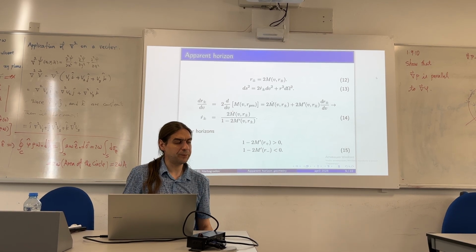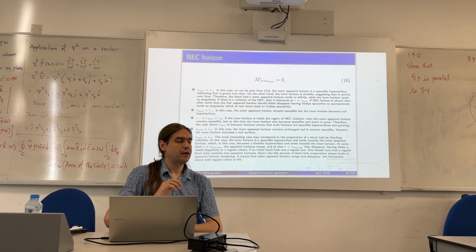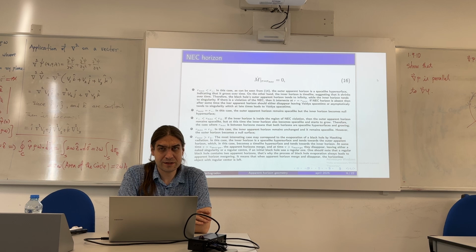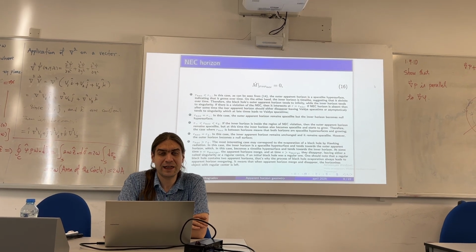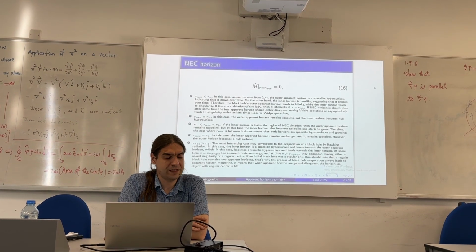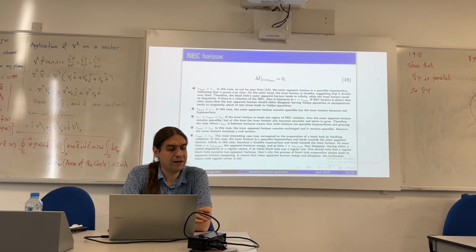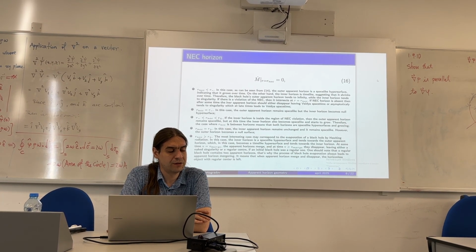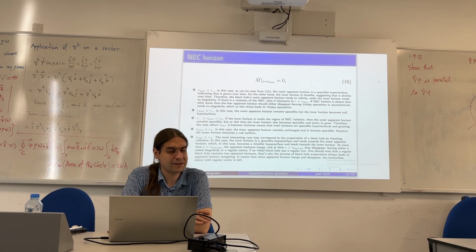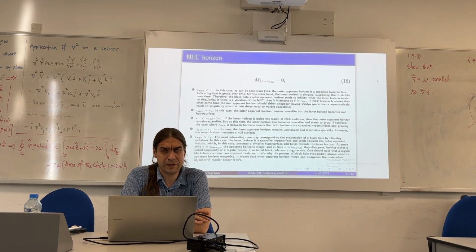It means that both apparent horizons right now are space-like and they are expanding. So it happens when the null energy condition violation horizon is located between the two apparent horizons.